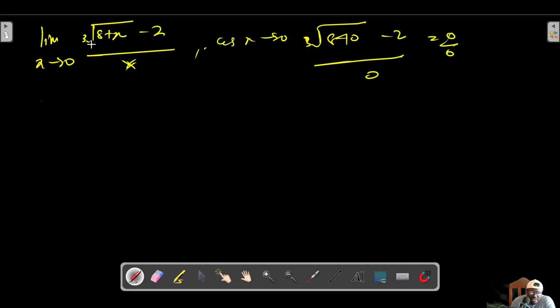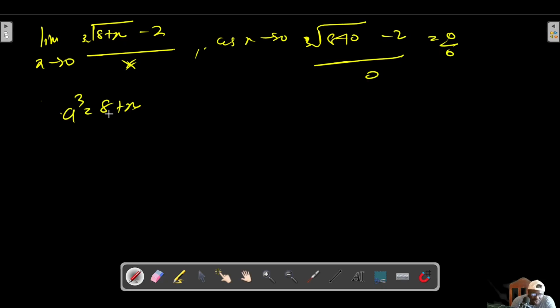So in order to eradicate the radical, what variable should I substitute in for 8 plus x? That can be, let's say, y cube or a cube. So a cube is equal to 8 plus x, right? So when a cube is substituted in here, you realize that cube cancels the cube root.